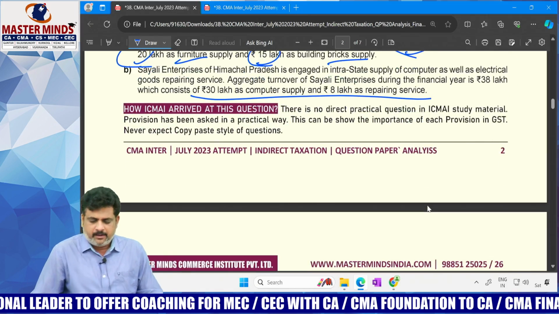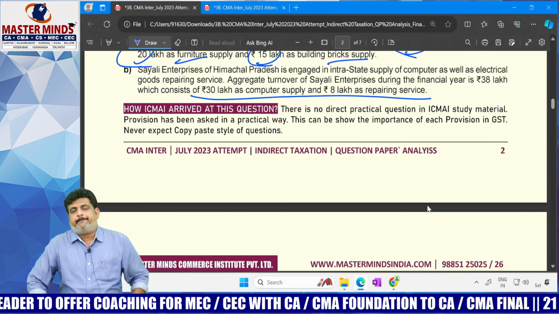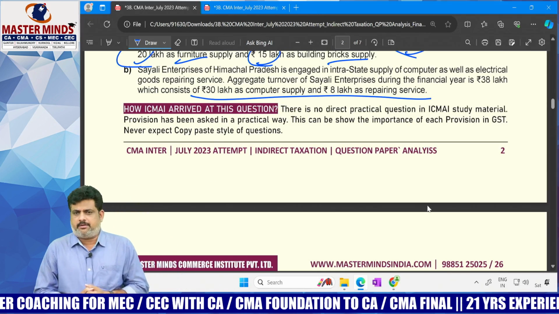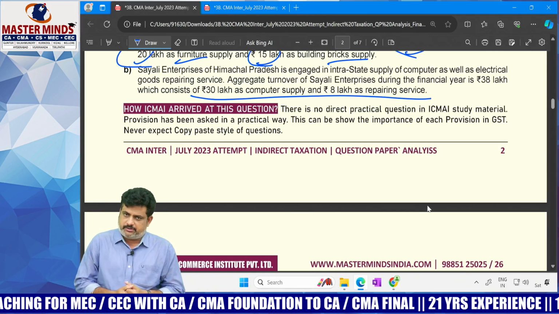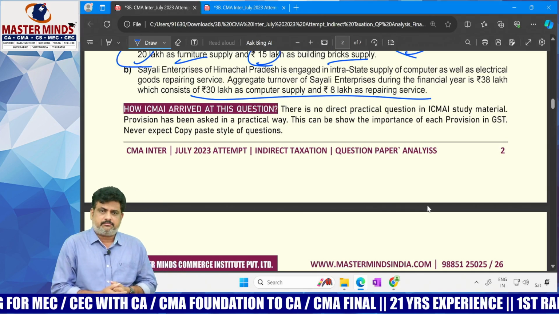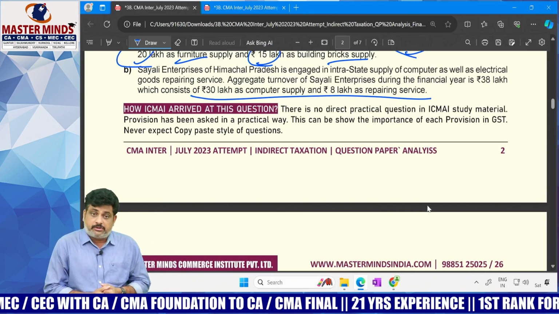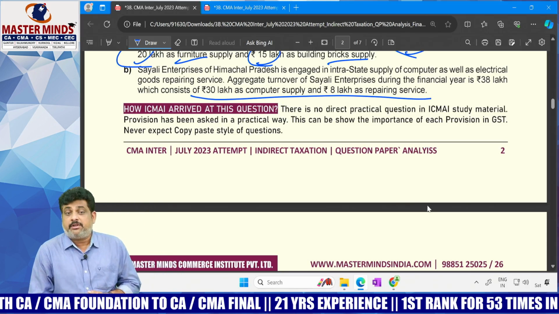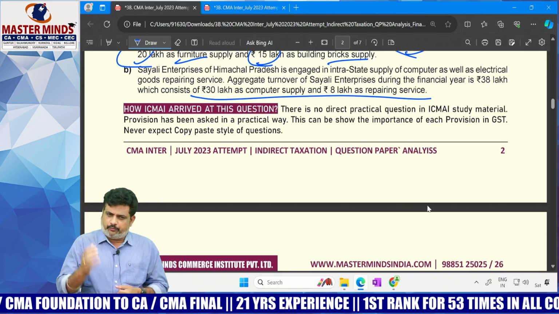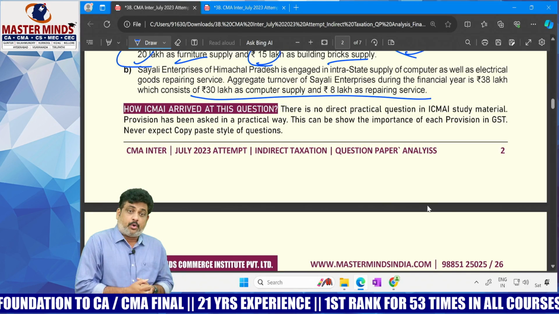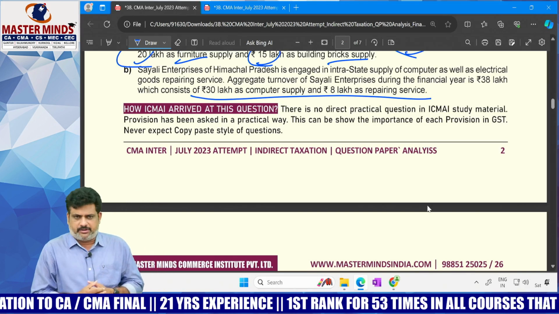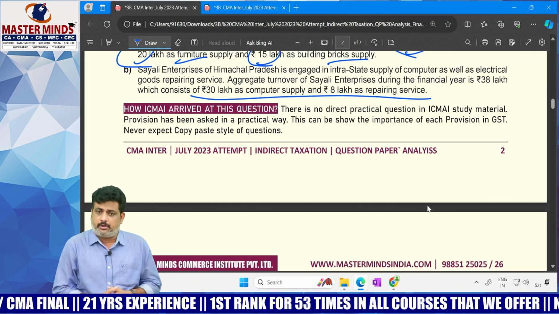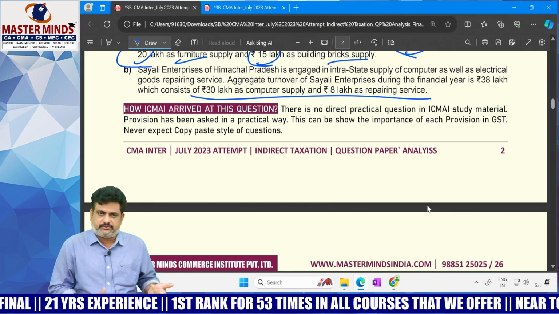So if you observe these questions, if you have conceptual clarity, you are able to answer them. But with respect to this type of question, there is no direct practical question in the CMA study material, but the provision was asked in a practical way. That's why learning the provision conceptually is more important, not just mugging up those things. If you mug up, then you are able to write only the theory questions.